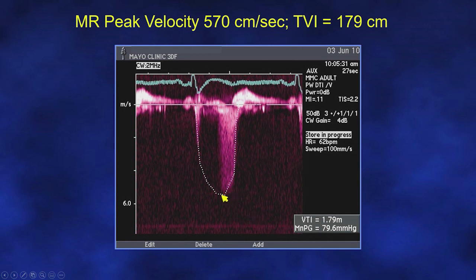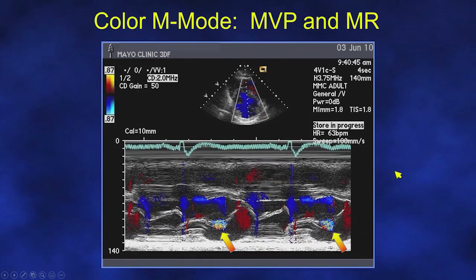While the peak velocity measurement is okay, look at this. There's nothing here, but we're just tracing it because we think that's what the mitral regurgitation curve should look like. But you got to trace what's there. This TVI of 179 is erroneous. Why is that? This is a particular entity of mitral regurgitation known as late systolic or mid to late systolic mitral regurgitation.